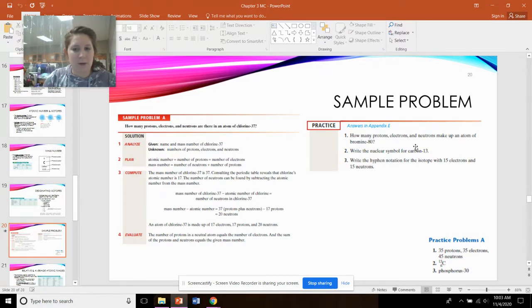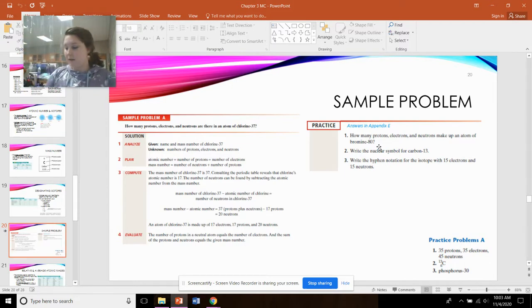This one's a really good one. How many protons, electrons, and neutrons make up the atom of bromine 80? So 80 is our mass number. We look at the periodic table to tell that bromine is right here. It has a mass number of 80, okay? And the atomic number is 35.